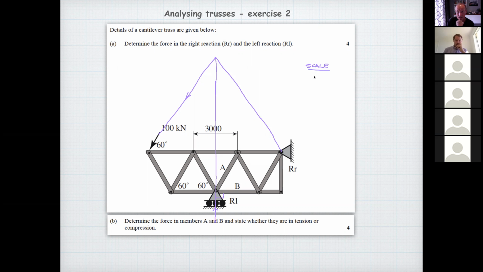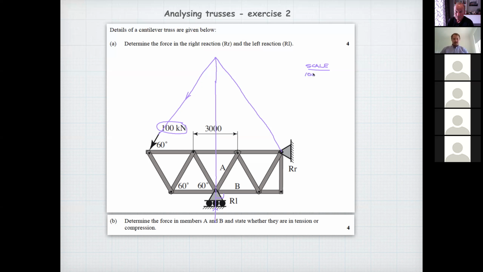And the rule is that if you put your second finger and your thumb together, see the hole that's made, if your force diagram will fit in there, it's too small. So the rule is that you get the biggest force, which is 100 kilonewtons there, and you make that equal to between 30 and 100 millimeters.